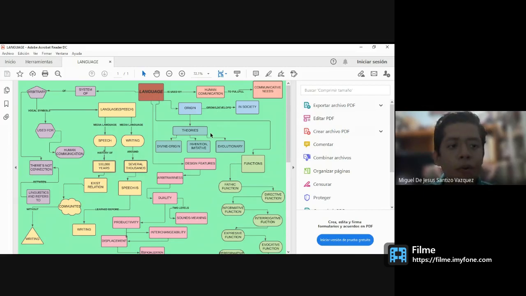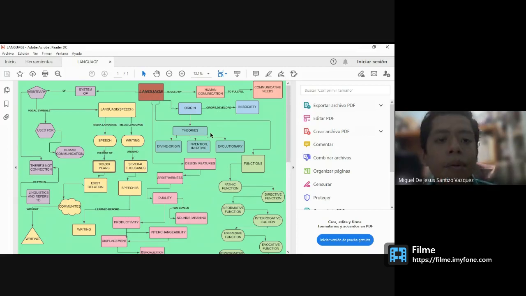Okay, when we say that language is vocal, we say that language is used for human communication. That is to say, the primary medium of language is sound or speech. When we start communicating with others, the principal communication that we make is speech or the sounds.